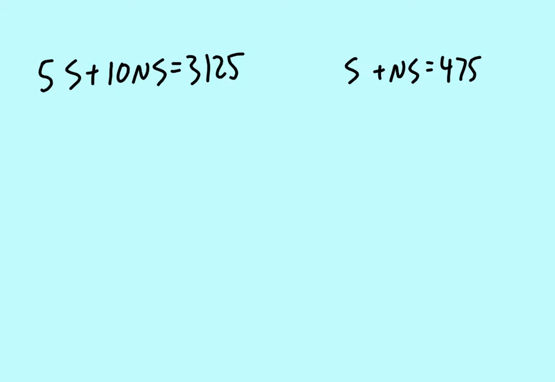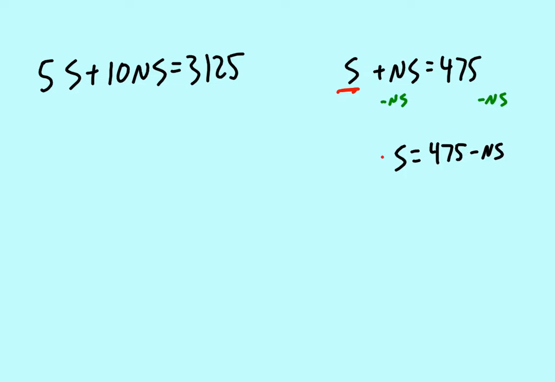And I think I'm going to solve for my s first. There's no coefficient, it's all by itself, so that's going to be an easy one. So all I'm going to do is come over here and get rid of that, which means I have to do it to the other side. So now I know that my s is 475 minus my ns.